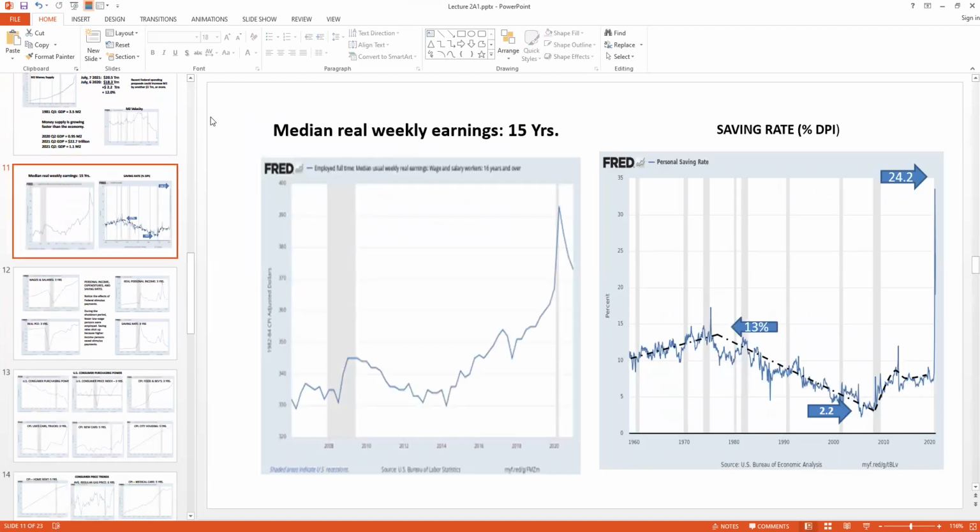Now, let's talk about the consumer for a while, the real weekly earnings. By real, we mean after inflation. Even after that, high inflation dropped dramatically in the first quarter of 2021.